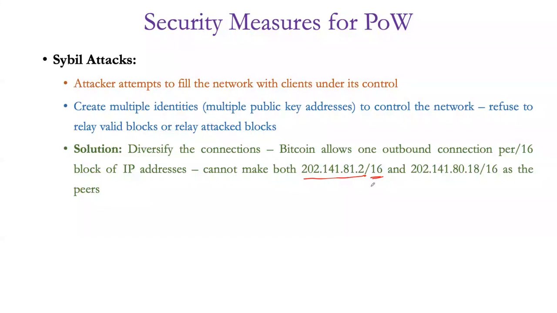That means the first 16 bits, the first two bytes, are used for the network address, and the remaining 2 bytes are used for host identification, which we call the host address. So in the outbound connection for any block of IP addresses, it cannot make both having the same IP addresses. That is one way of identifying the Sybil attack.